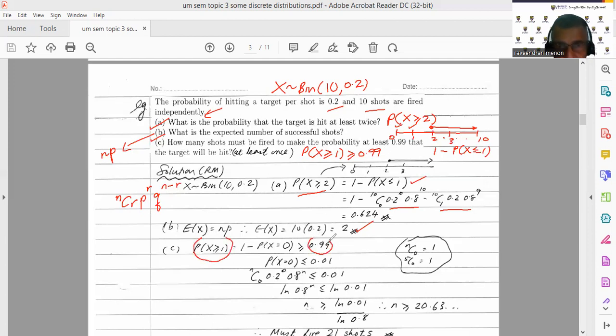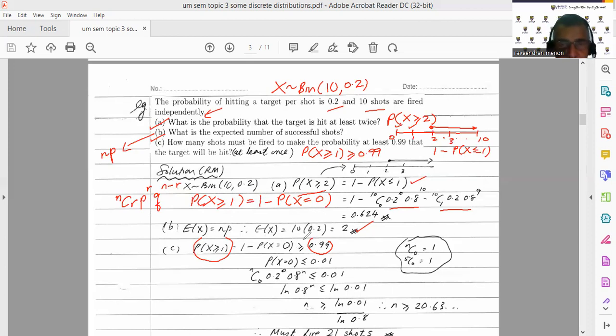So we know that probability that X is bigger than or equal to 1 must equal what? Take the complement: 1 minus probability X equals 0. That's it.